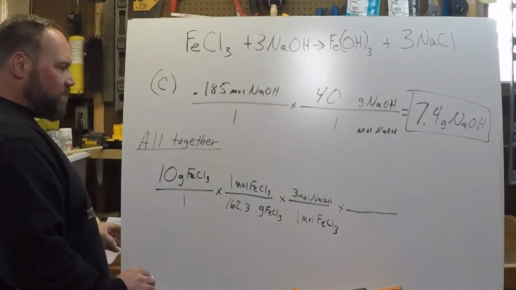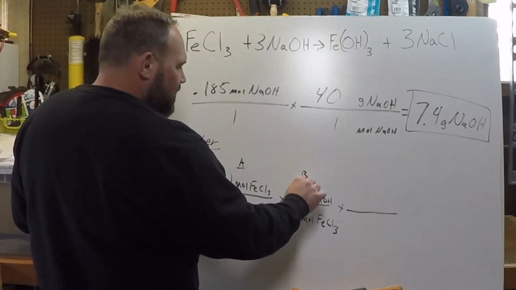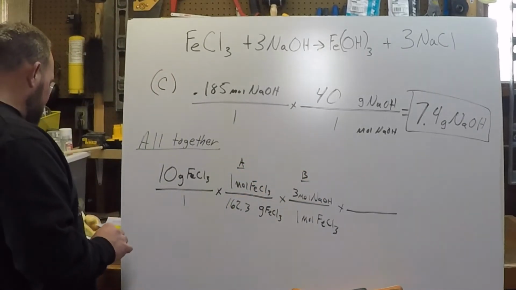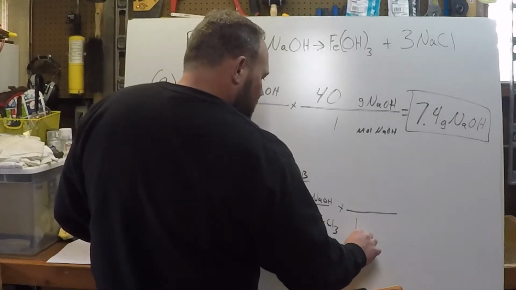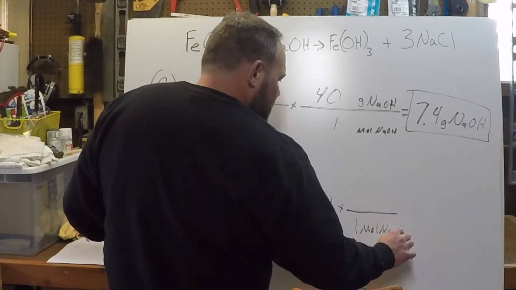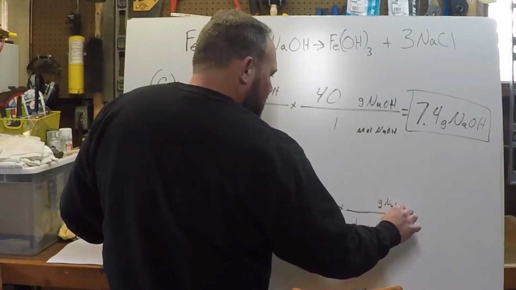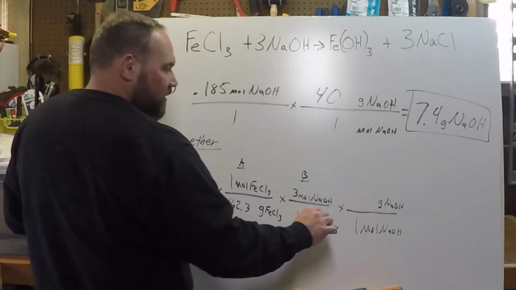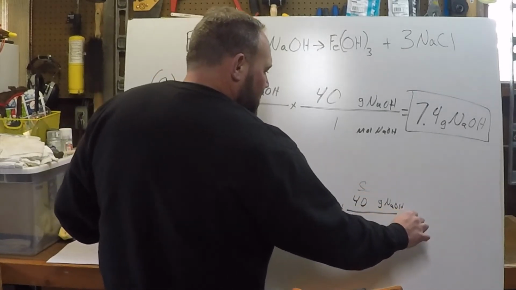So there's step B. So here's step A, here's step B, and now let's put step C in there. That was for every 1 mole of sodium hydroxide, we put the molar mass of sodium hydroxide, which is 40 that we figured out. So there's step C.